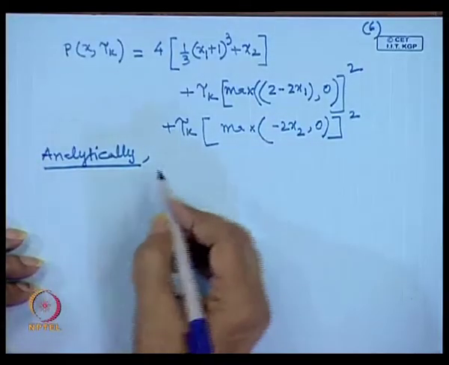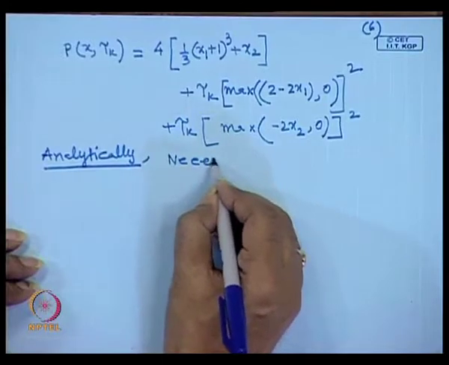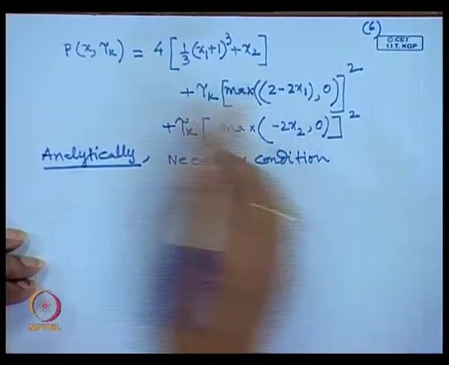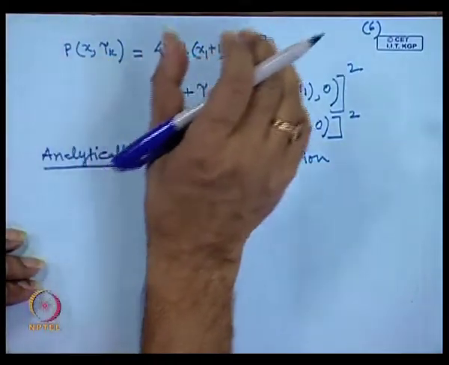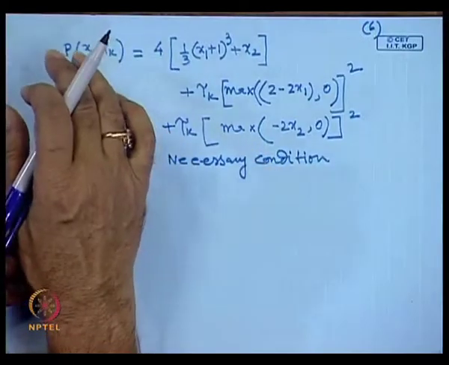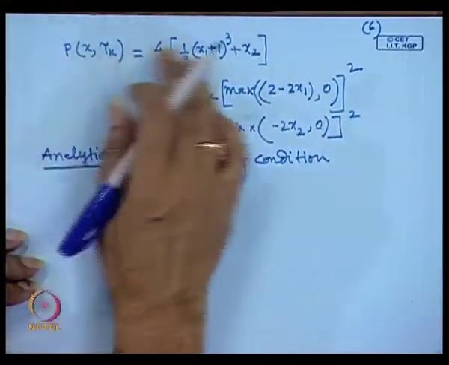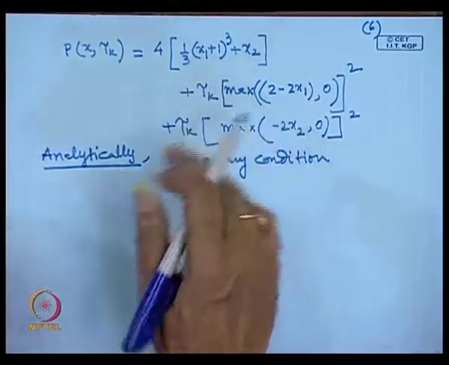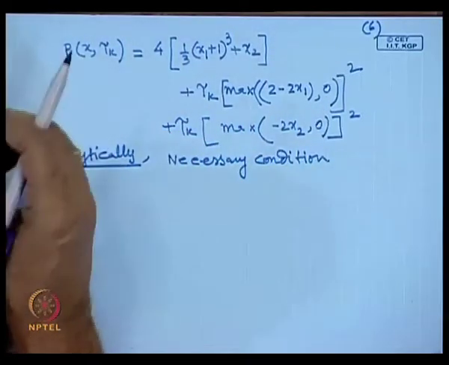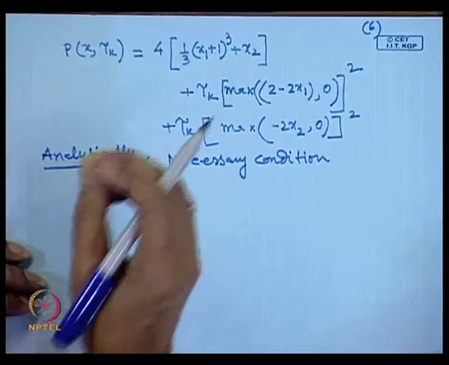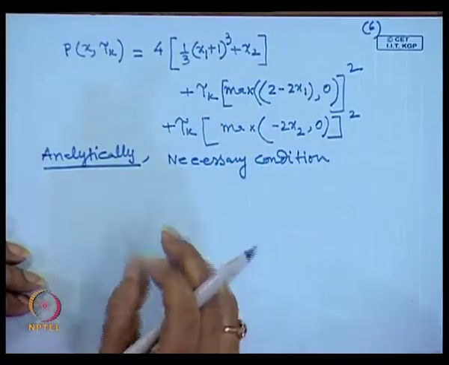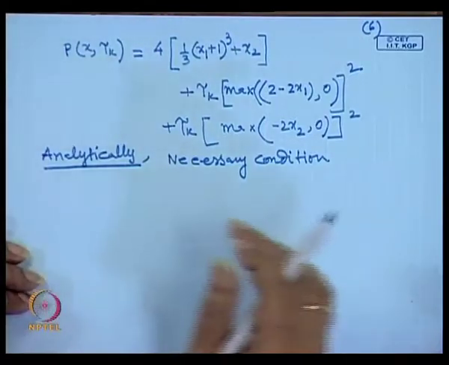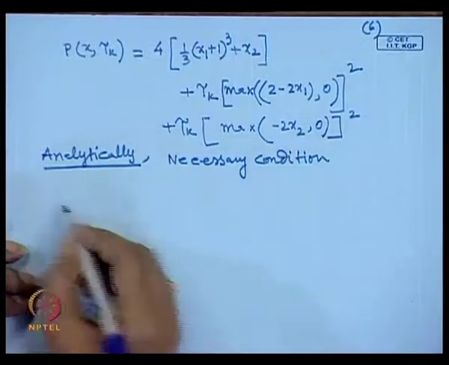So, analytically, the necessary condition: we have converted the constrained nonlinear optimization problem into an unconstrained optimization problem by adopting the exterior point penalty function method. That means we take the initial guess outside the feasible region, an exterior point, and then slowly approach the feasible region. So, our necessary condition is what?